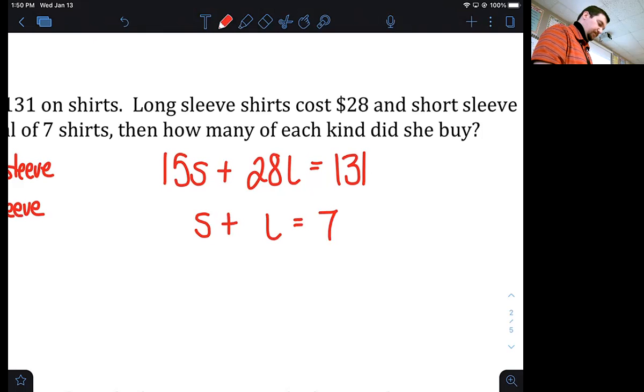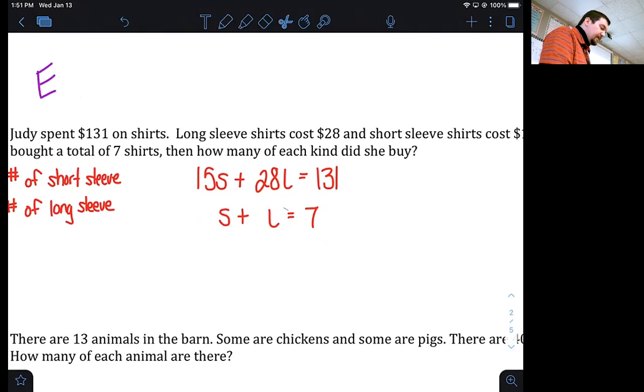This one we should probably substitute, because it would not be difficult at all to say that the bottom equation is the same as L equals negative S plus 7, and then I could substitute it in, versus having to do elimination, where you'd have to multiply by 15 or multiply by 28.